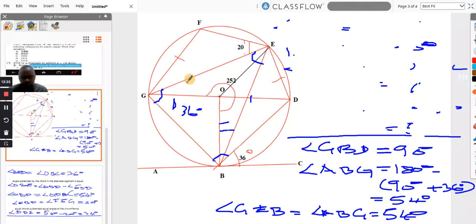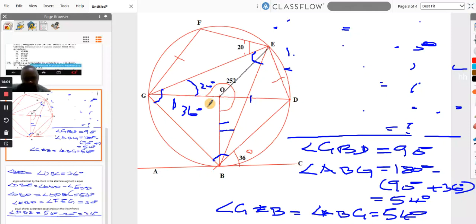And then this angle here will be 20 degrees. The reason is because you see this chord is subtending an angle of 20 degrees here and is also subtending an angle of 20 degrees. So a chord will subtend equal angles at the circumference. So here is 36 and here is 20. When you add, you're going to get 56.